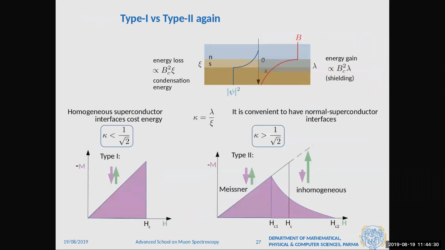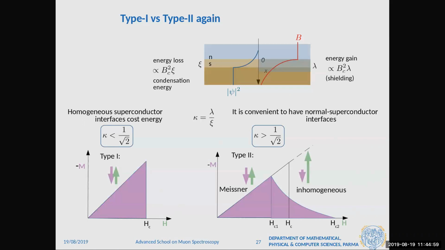So if you're comparing these energies across the interface, you're explaining why you can get inhomogeneities in type 2 superconductors and why you can't get them in type 1. It turns out that in type 1, lambda is smaller than psi, so you're losing energy through this scheme, you're not gaining energy by making an interface.